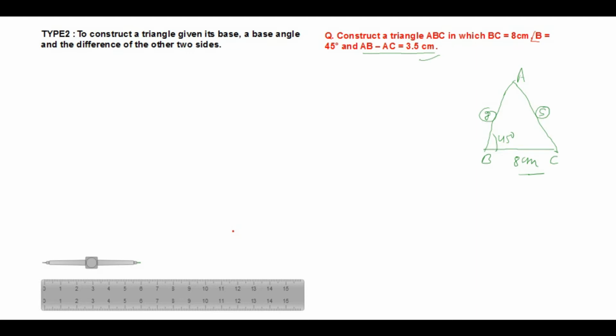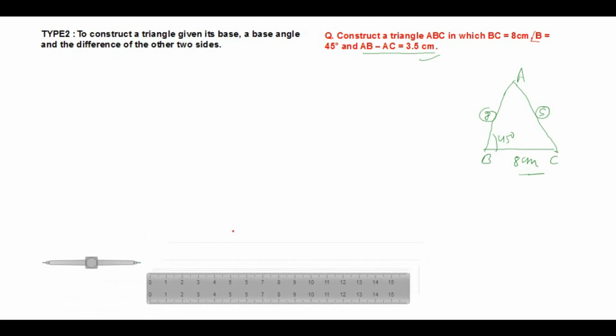For this type of construction, the steps that we have to follow are, first, draw the length BC 8 centimeter by using your ruler. First you draw a line segment BC of 8 centimeter.